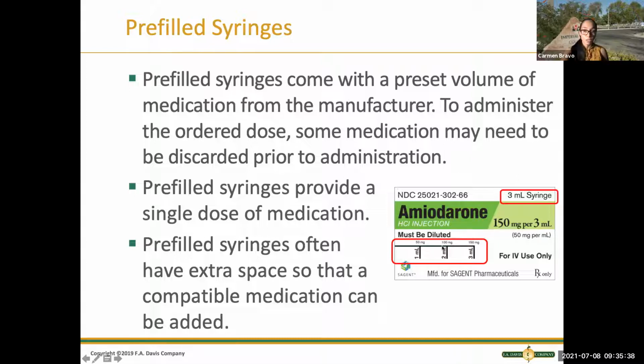It also comes with its own calibration so that you can see, and it tells you, this is a 3 ml syringe. The pre-filled syringes normally have a little bit more space. You will see that a Lovenox has maybe 0.3 of a space that's air. The reason for that is so that if you have to add something else that is compatible, of course, you can add it in there and give it all in one shot.